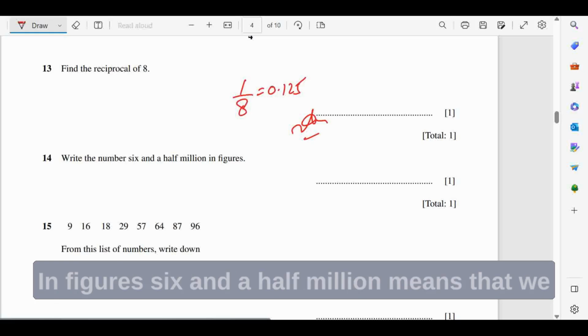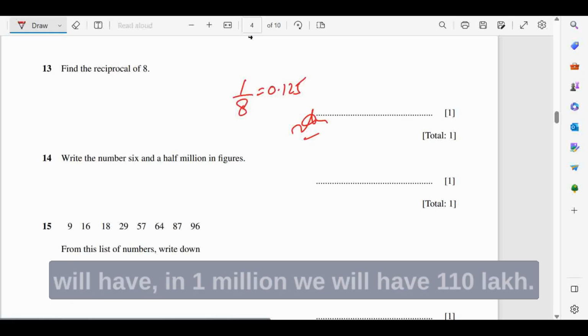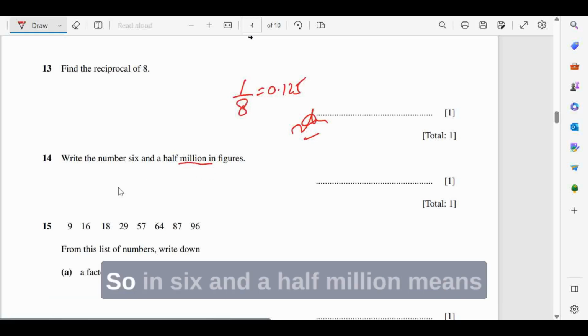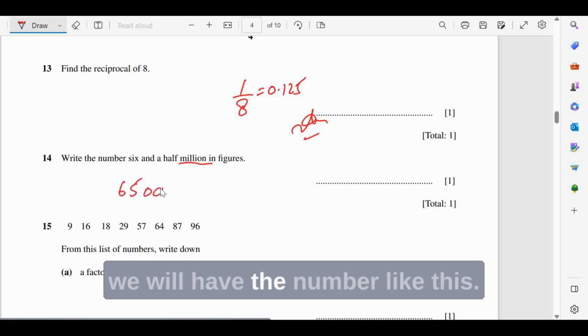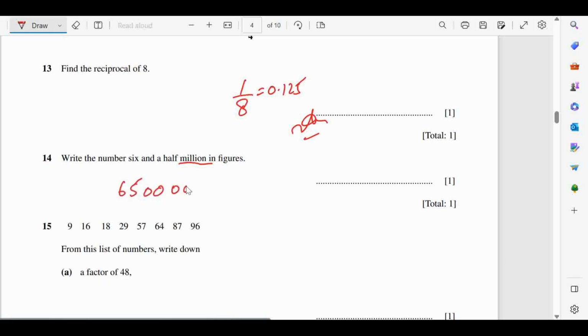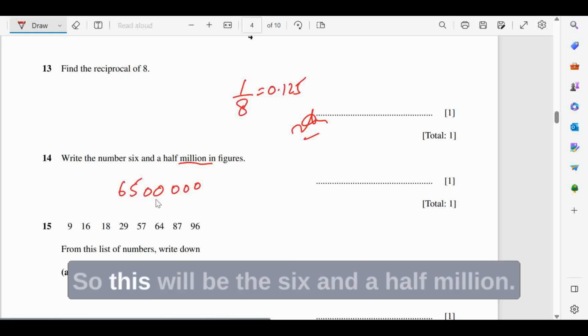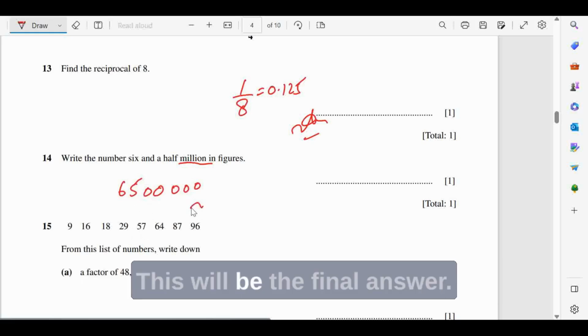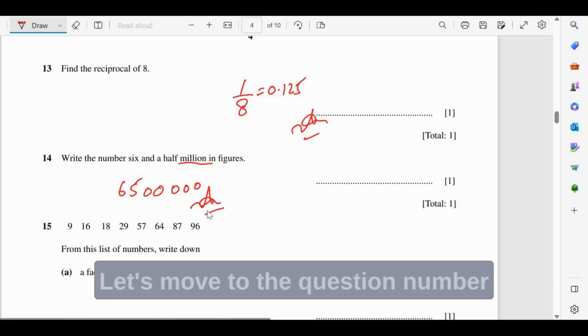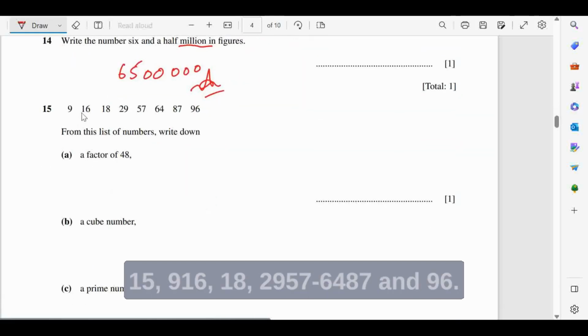6.5 million means that in 1 million we will have 10 lakhs. So 6.5 million means we will have the number like this. This will be the final answer. Let's move to question number 15.